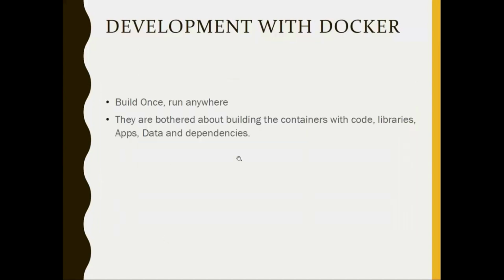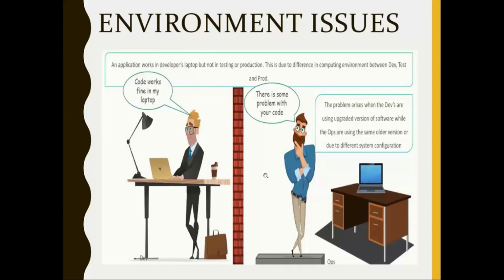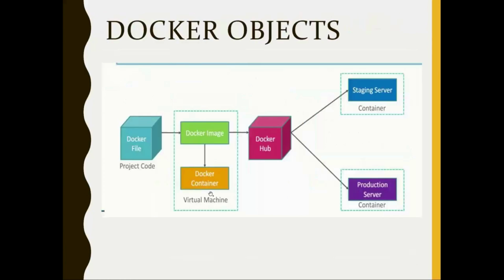Also, how the development and deployment processes change with Docker, and how Docker is helpful. We understood it's fast, quick, and lightweight. But beyond that, what are the other reasons? We'll discuss all of them and then we'll start with the hands-on with Docker. That's all for today from my end.